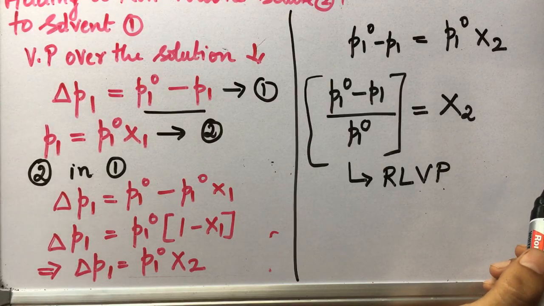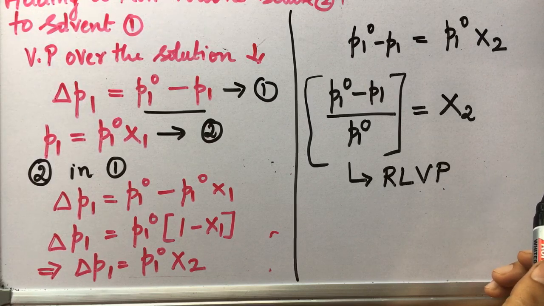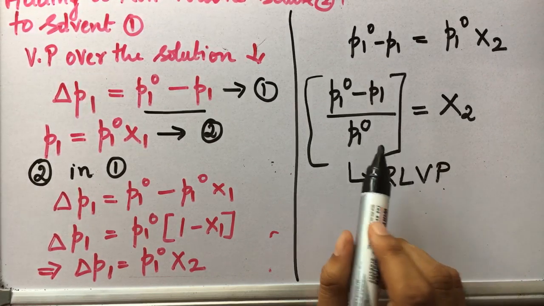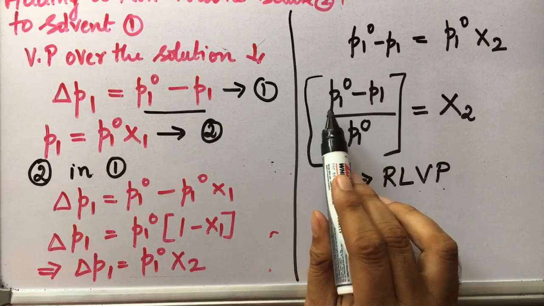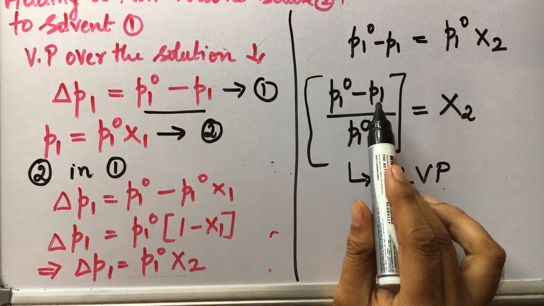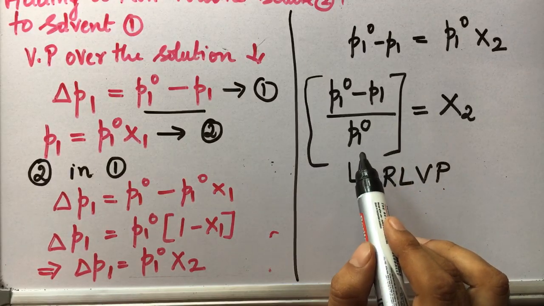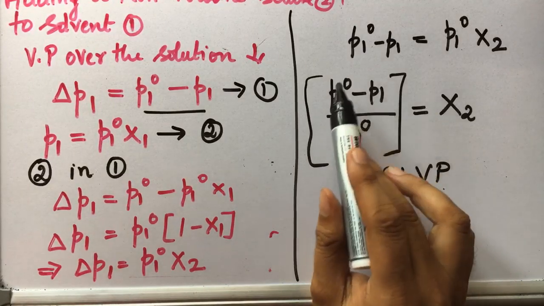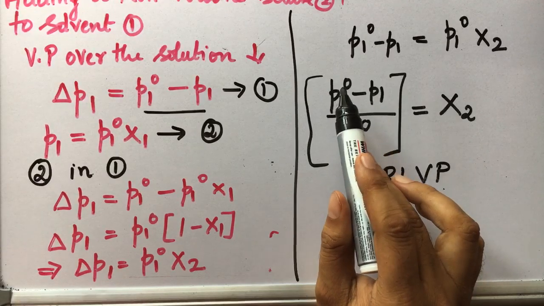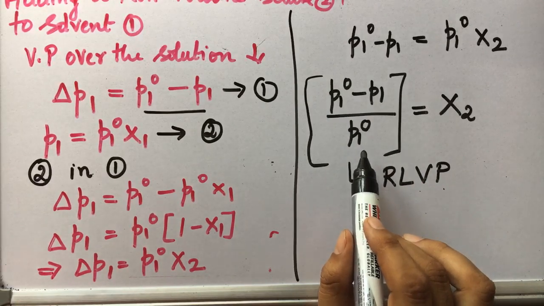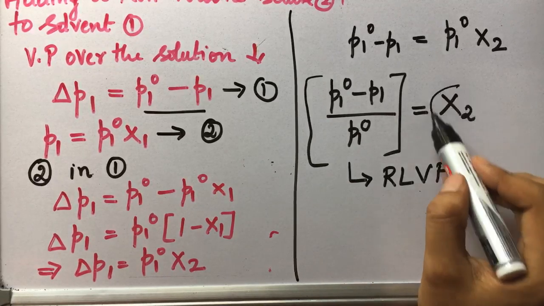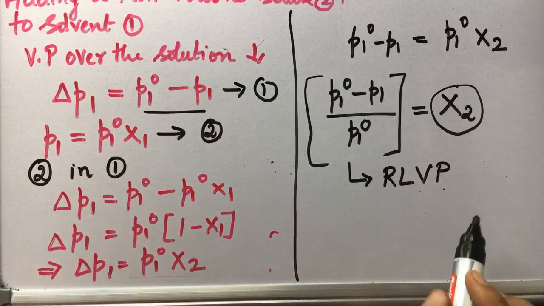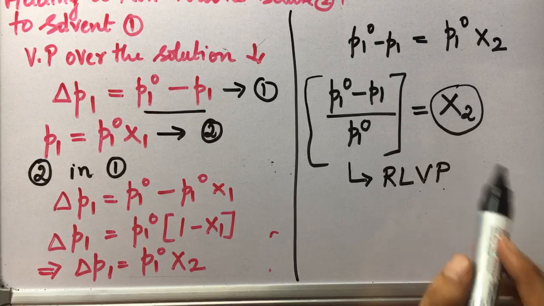Now students, define what is relative lowering of vapor pressure. Relative lowering of vapor pressure is defined as the ratio of lowering of vapor pressure to the vapor pressure of the pure solvent, or the change in the vapor pressure of the solution to the vapor pressure of the pure solvent. This ratio is called RLVP, and that should be equal to the mole fraction of component 2 in the solution, that is nothing but solute.